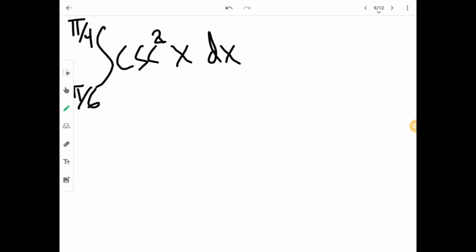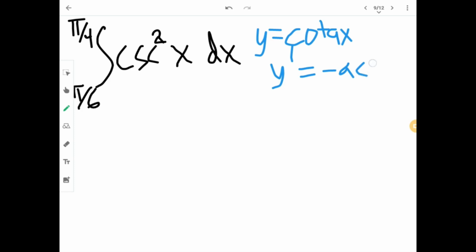For cotangent: if y equals cotangent ax, then y prime equals minus a cosecant squared ax.